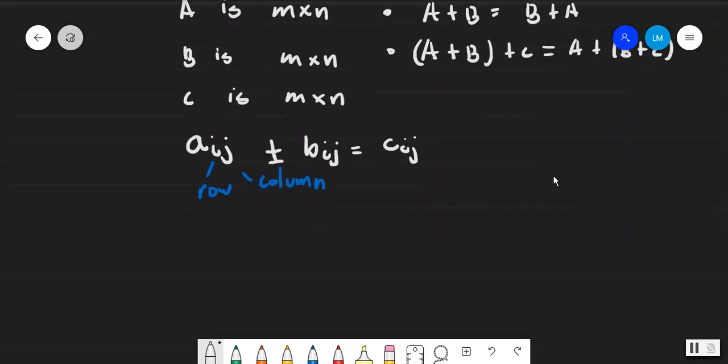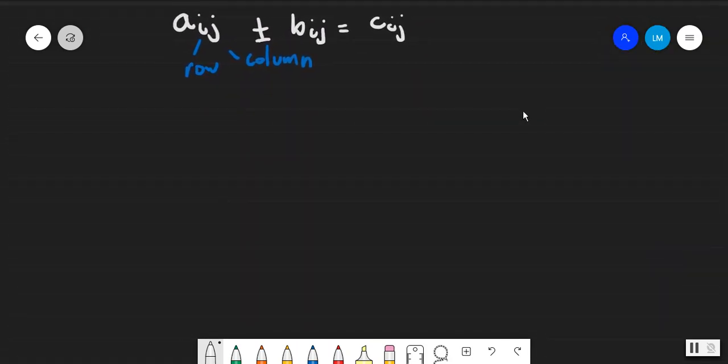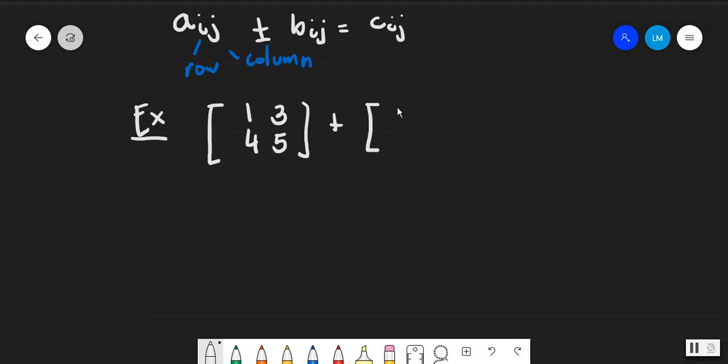Okay, now let's go ahead and look at an example. If we take a matrix 1, 3, 4, 5, and we're going to add this to 0, -1, 1, and 2.